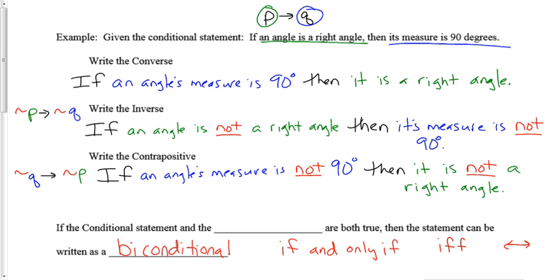So that means if I start with the hypothesis, I'm going to end with the conclusion. That should be true. But also, if I start with the conclusion, I should end with the hypothesis, and that should also be true. So to fill in this missing blank, if the conditional statement and the converse are both true, then the statement can be written as a biconditional.